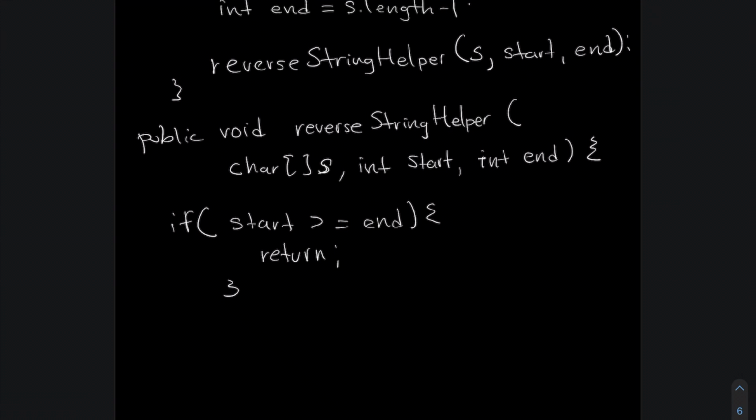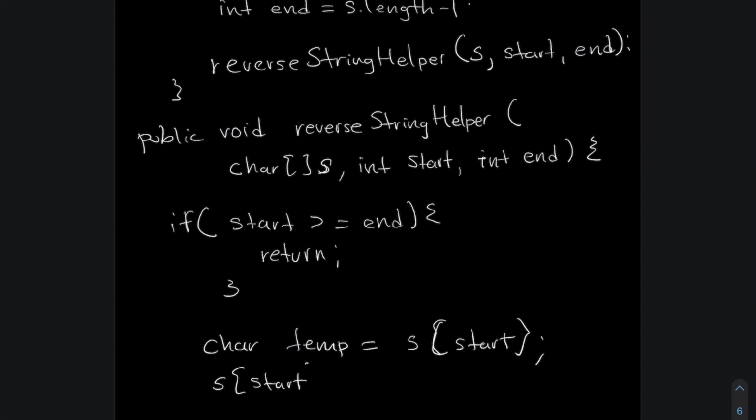The rest of the method looks very similar to our iterative solution. We're saving temp again from start. This is the same code from the iterative solution.